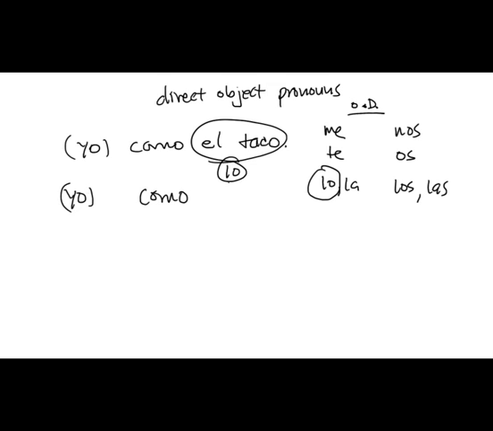Okay, this is a rule that you have to remember in Spanish. When you're working with object pronouns, they can be placed either before a conjugated verb, or after and attached to an unconjugated verb, or a gerund, that is an ing form of the verb, present participle or gerund. In this case, we only have one verb, como, and that verb is conjugated. So the only place we can put it is before.